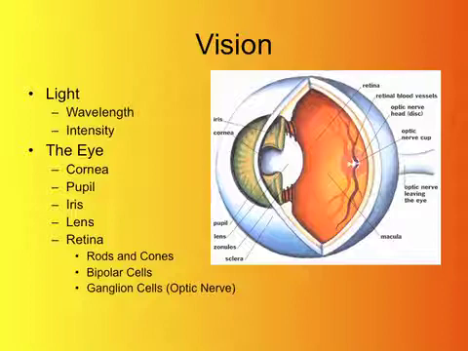And so these photopigments are light sensitive, and when they're exposed to light, they begin to break down, which actually causes a change in the cell membrane and leads to action potential. And so rods and cones are those sensory receptor cells that translate light into a neural impulse that can be sent to the brain through the nervous system.